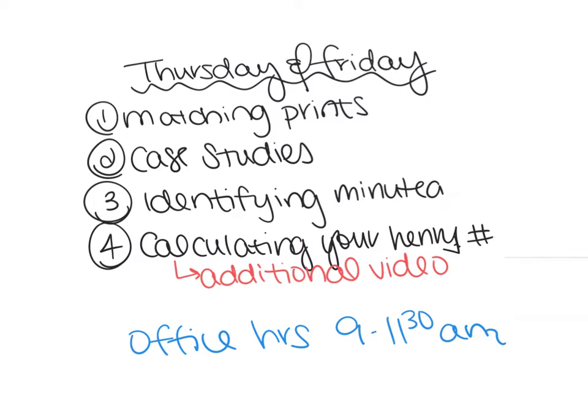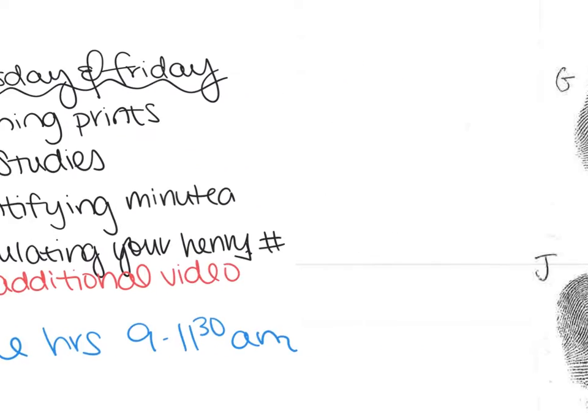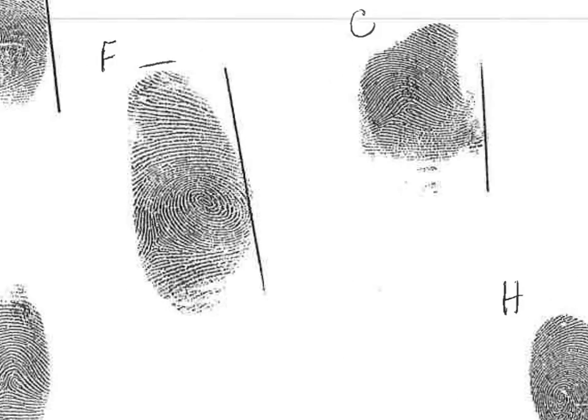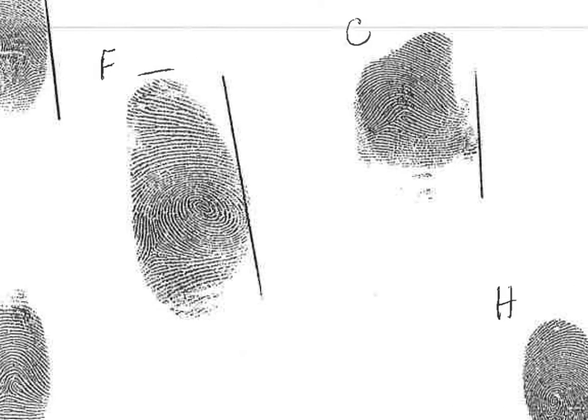So the first thing you guys are going to do is your matching prints. With the matching prints, this is what your worksheet looks like. You are going to have a variety of fingerprints, and what you're going to need to do is look at the type of print. Based upon what we talked about earlier this week, look at this characteristic. What's that?